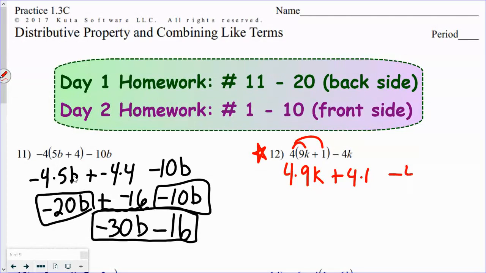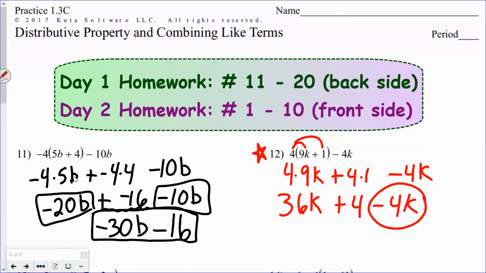So don't forget your -4k. Okay, so that means I have 36 kangaroos plus 4, but then 4 kangaroos ran away. If I started with 36 and 4 ran away, I only got 32 kangaroos left. And then we keep our lonely little 4.